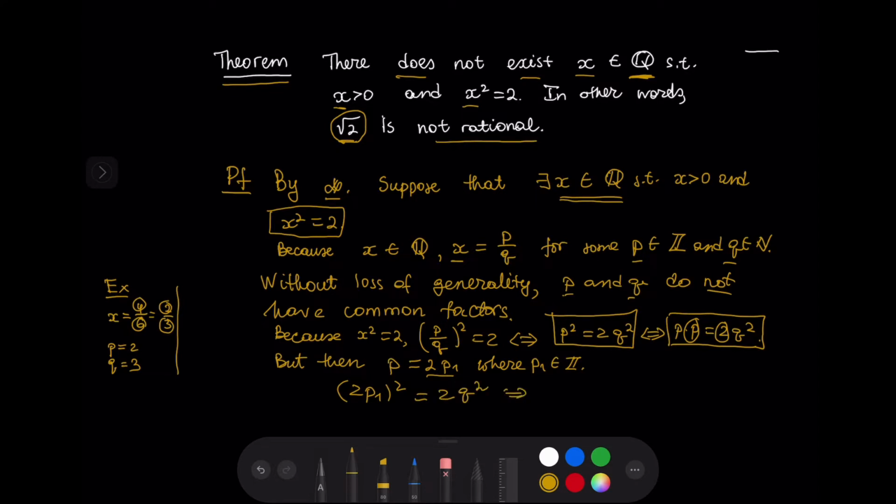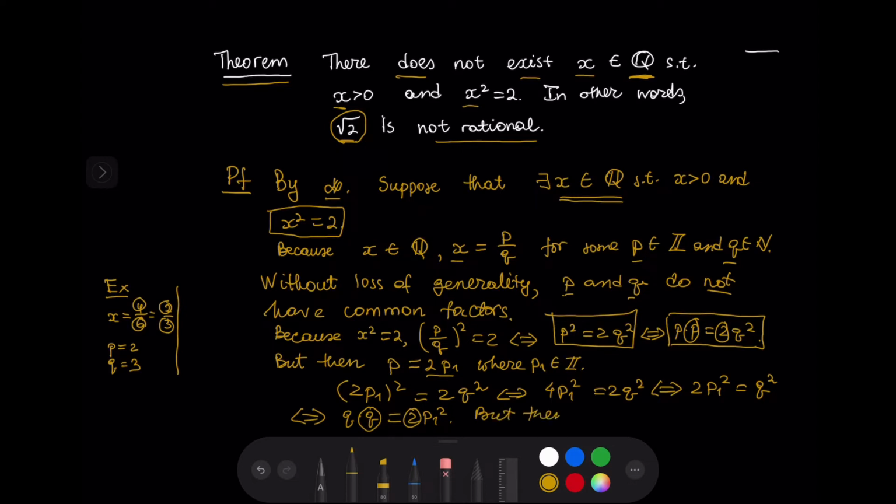So this is true if and only if 4p1 squared is equal to 2q squared, and we cancel out the 2, so we have 2p1 squared equals q squared. So this is true if and only if q times q is equal to 2p1 squared. But then this means that q has a factor of 2.